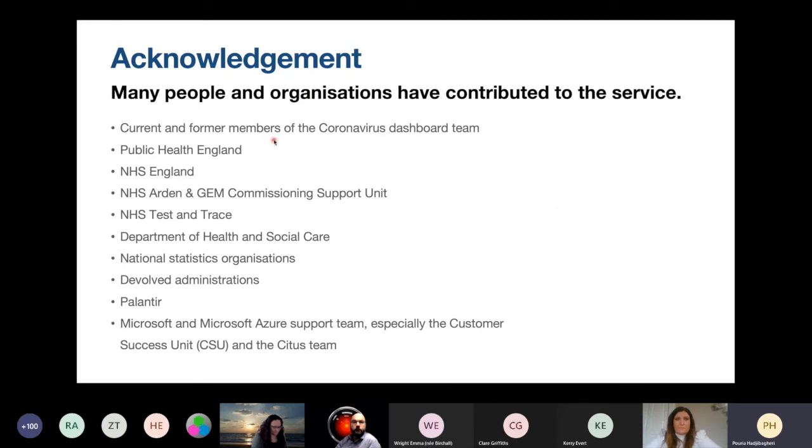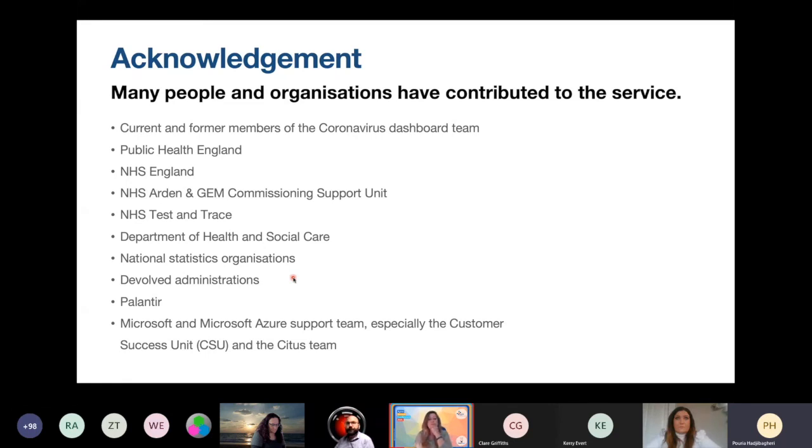From the current and former members of our team, Public Health England, different parts of Public Health England, NHS England, NHS Arden GEM support unit, Test and Trace, DHSC, National Statistics Organizations, Devolved Administrations, Palantir. We work with the NHS and our pipeline, and Microsoft and Microsoft Azure support team, who've been very helpful in helping us with different aspects of our infrastructure.